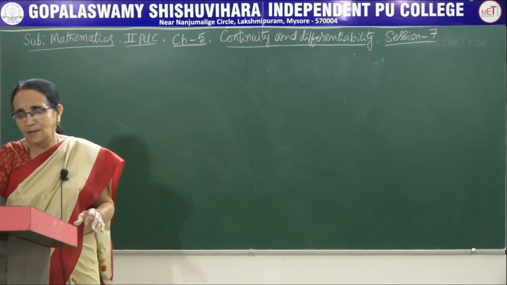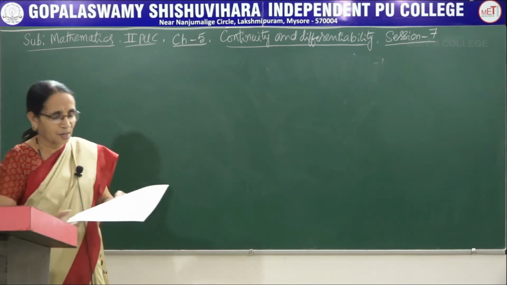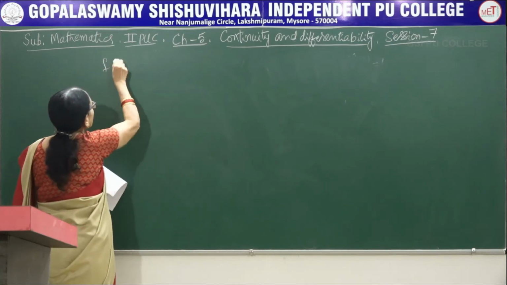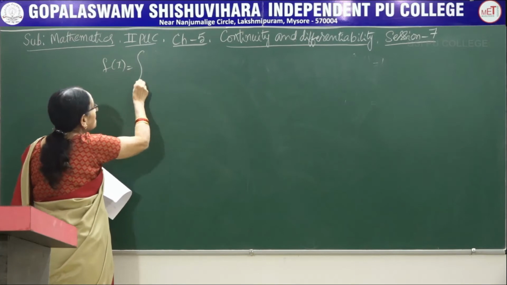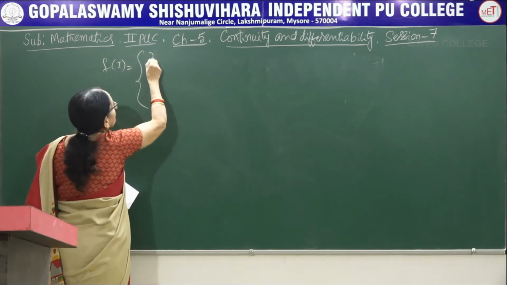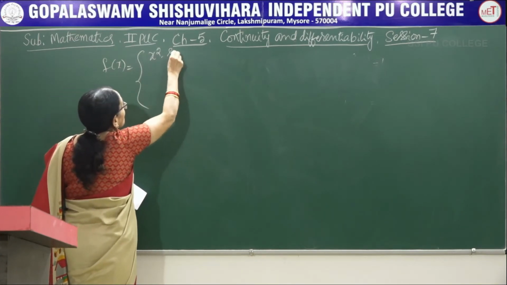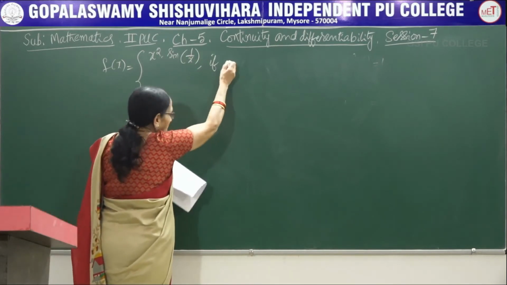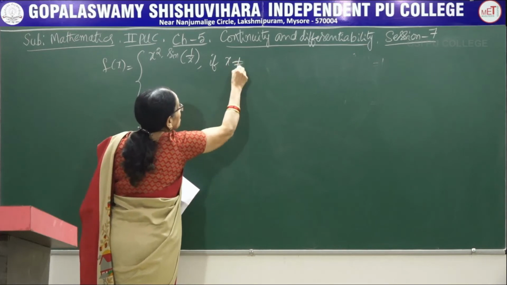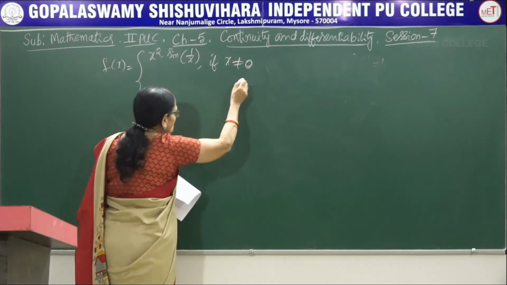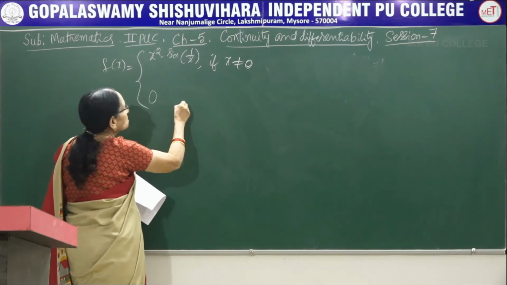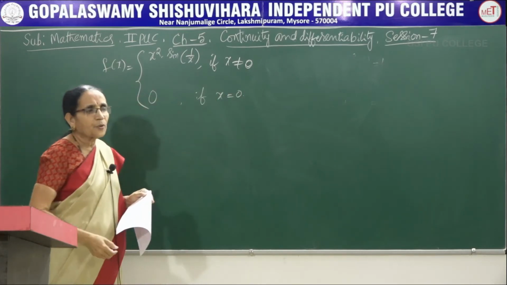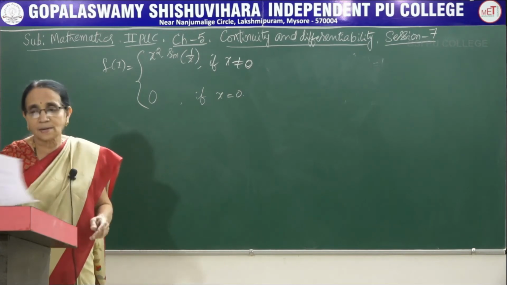The question is like this: a function f(x) is determined by x square into sine of 1 by x if x is not equal to 0, and this is equal to 0 if x is equal to 0. A function f(x) is defined like this.